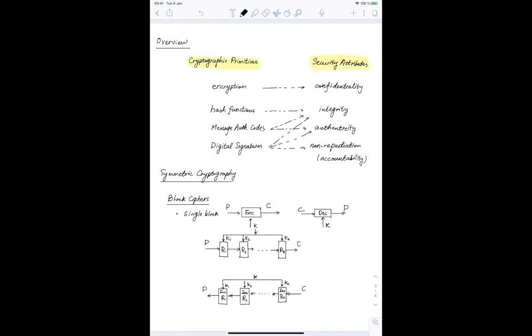So we have this encryption process and decryption process.